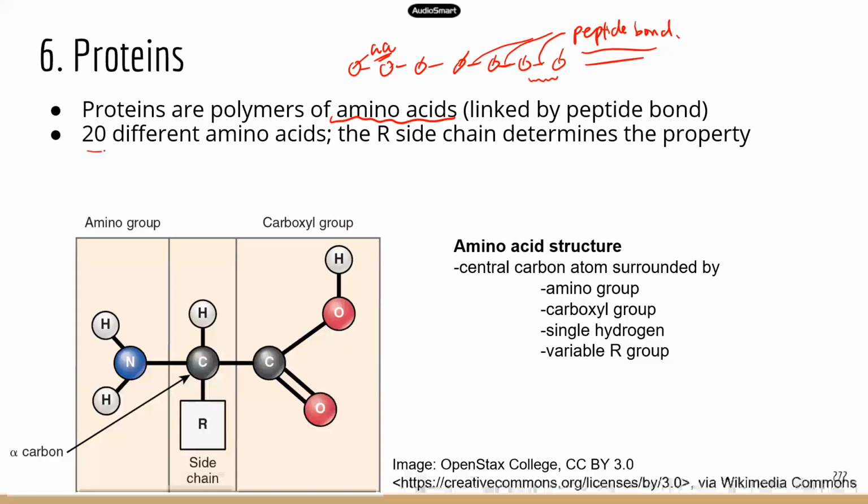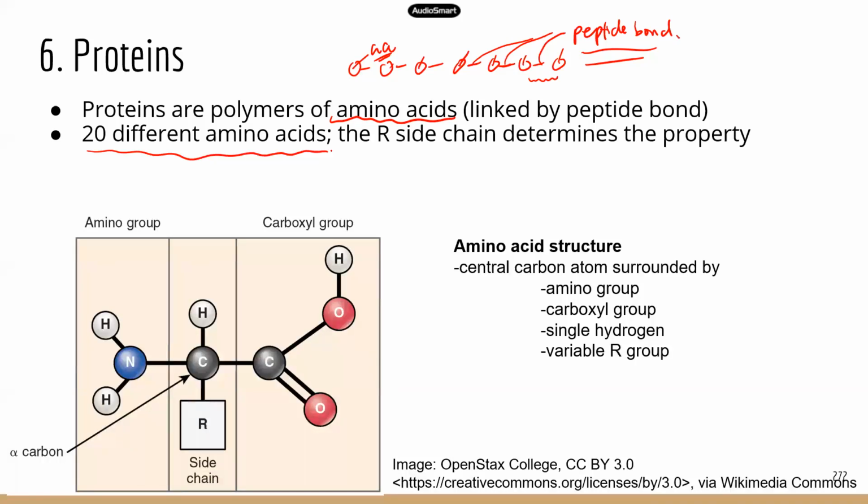There are 20 different amino acids, and all proteins are composed of those 20 different amino acids. But of course, the order of amino acids in the chain is going to be different, and that determines what shape the protein molecule is going to have and what function the protein molecule is going to perform.